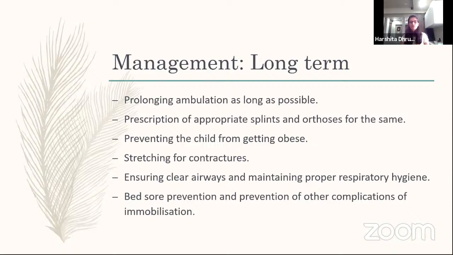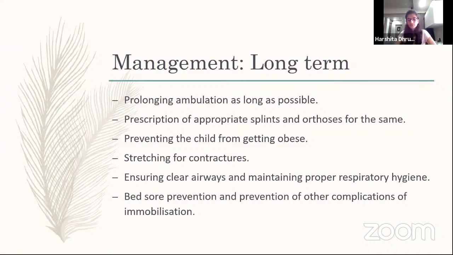So it is very important that we make sure that the child does not get obese, because it will again lead to difficulty for the child himself, as the muscles are not that strong, the muscles will have to bear more weight if the child gets obese.